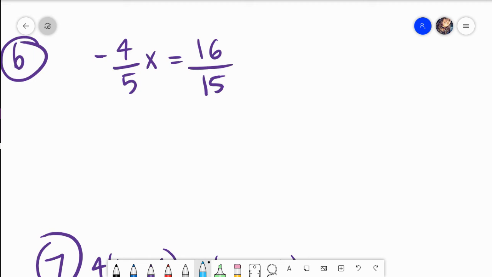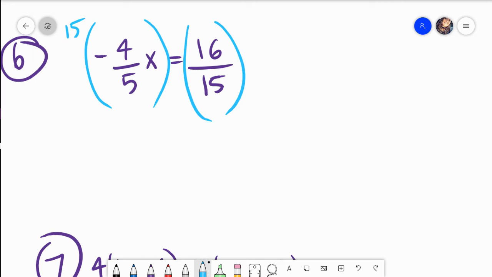Okay, so if I multiplied both by 5, if I have 5 here and I have this here, that wouldn't cancel the 15 because it's smaller than the 15, right? So I wouldn't use my 5, but I would use my 15. Now when I do this, what I have is 15 times a negative 4 over 5.